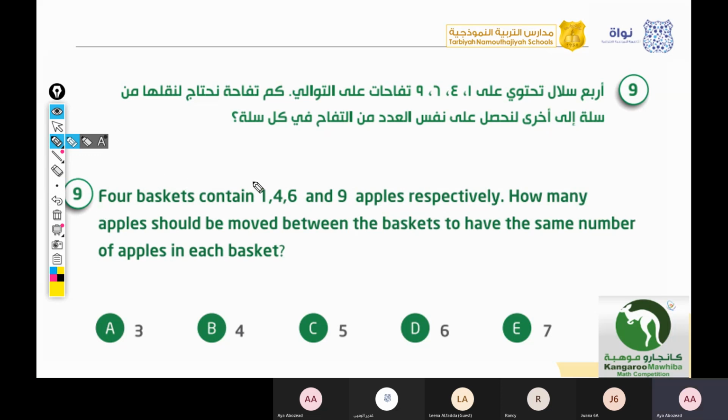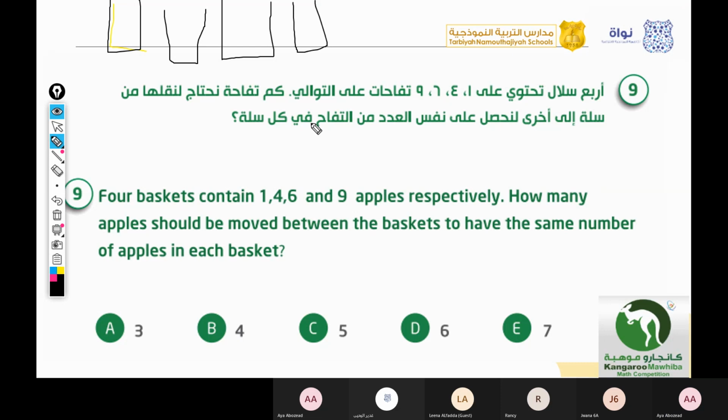4 baskets. Oh, I have more numbers, so I will draw. If I have more numbers, I wanted to draw. That will make the question easier. I have 4 baskets. They contain 1, 4, 6, and 9 apples.